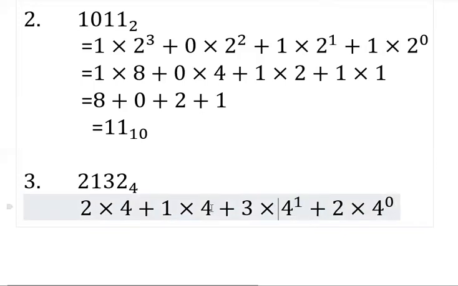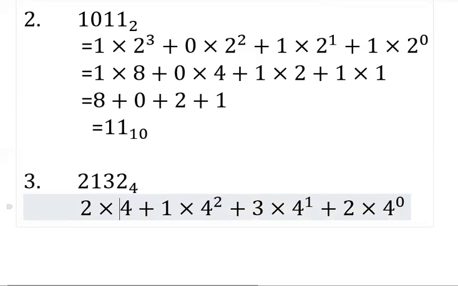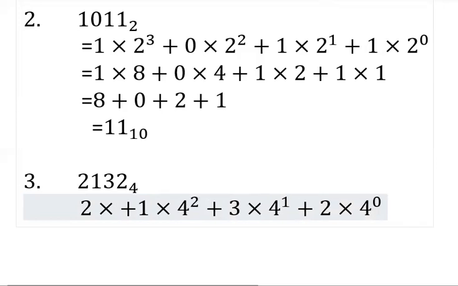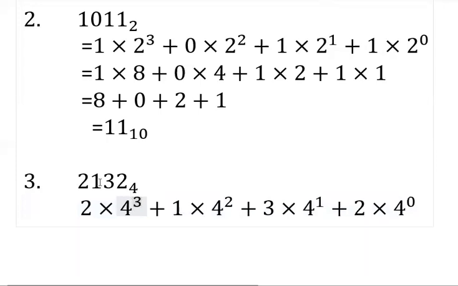The next one will be what? 4 raised to power 2. Very good. Last one here will be 4 raised to power 3. If you have more, that's how you continue raising the power. Because we have a 4-digit number here in base 4. So the next thing for us is to do our simple calculation. Don't forget to put your equality sign.